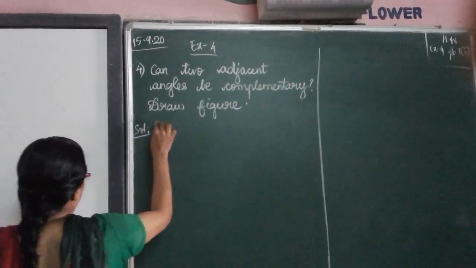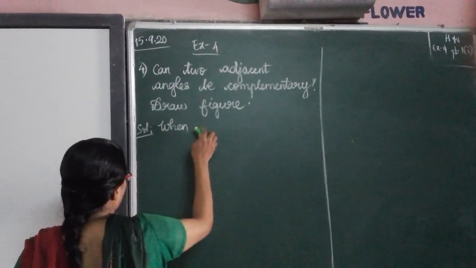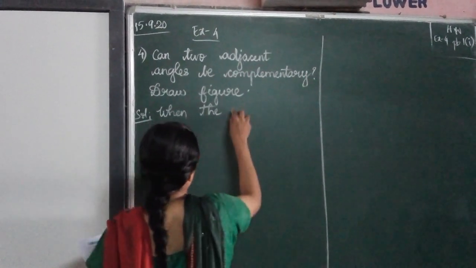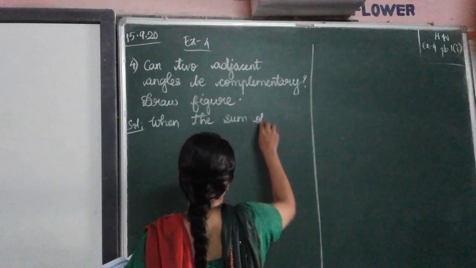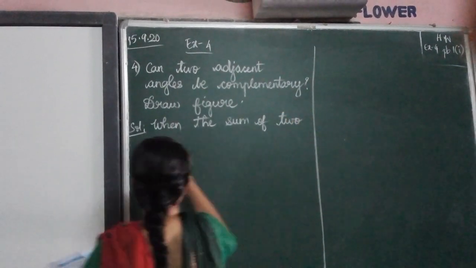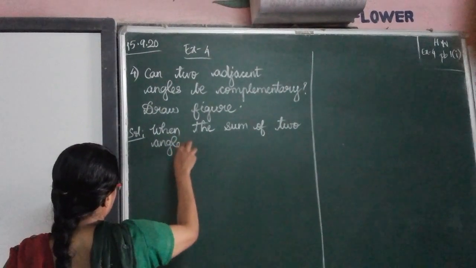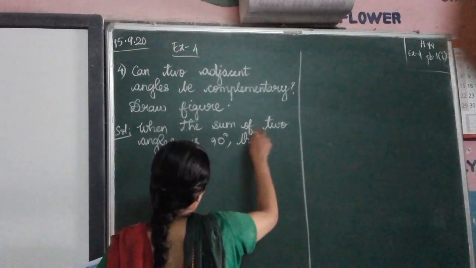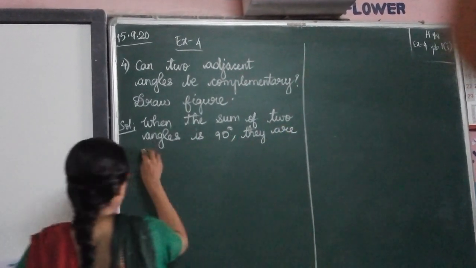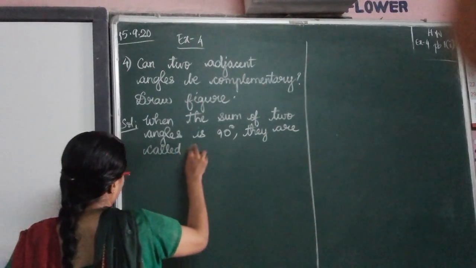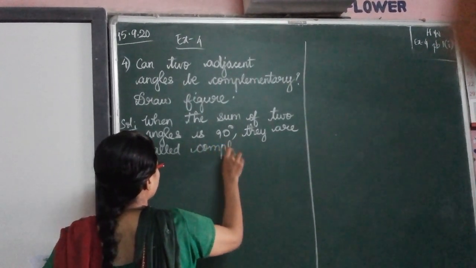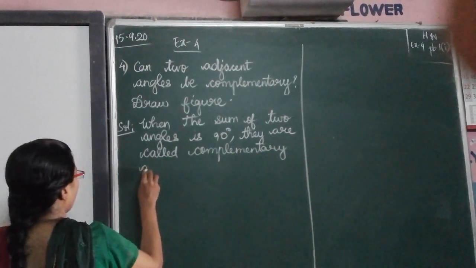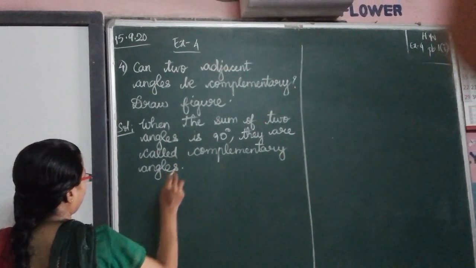Solution. When the sum of two angles is 90 degrees, they are called complementary angles.